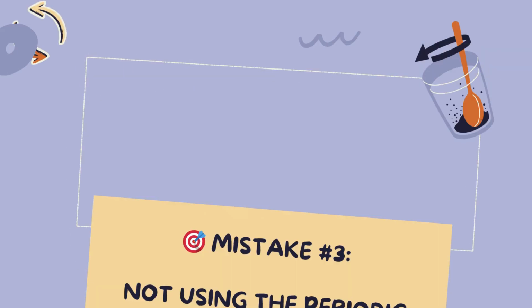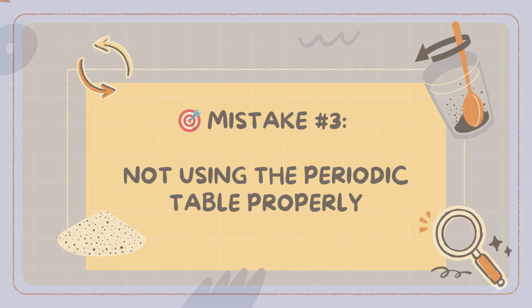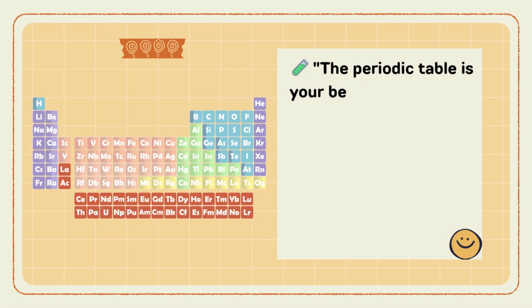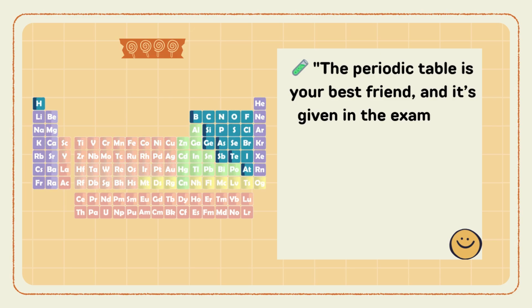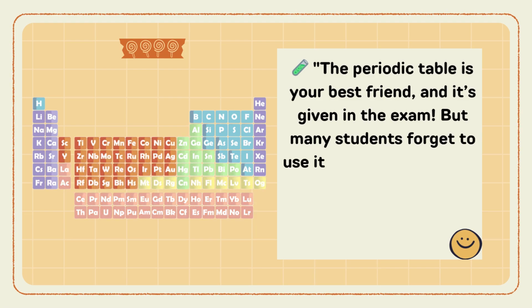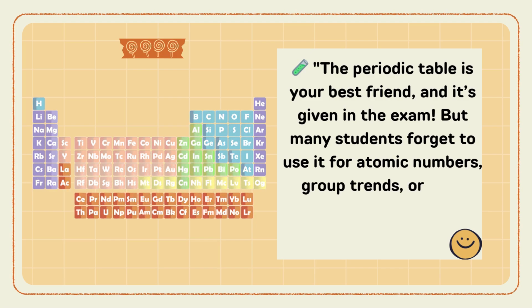Then mistake number 3, not using the periodic table properly. You have to use the periodic table. That's why it is given in the exam. The periodic table is your best friend. But many students forget to use it. For the atomic number, group trends, or even the electronic configuration, they write it wrong.